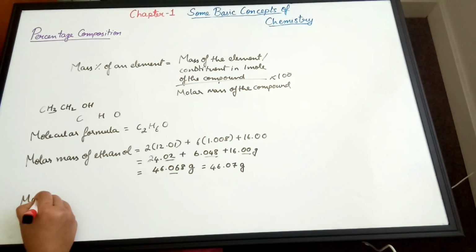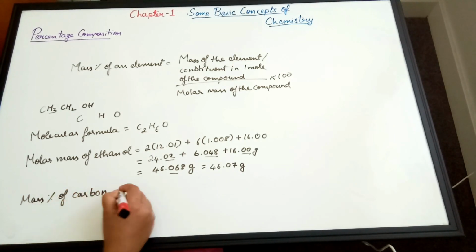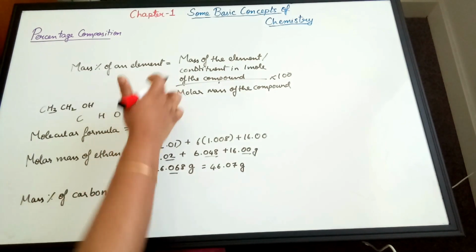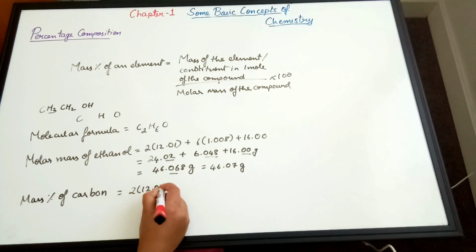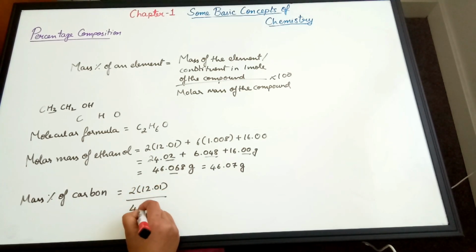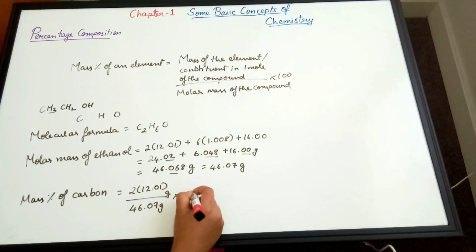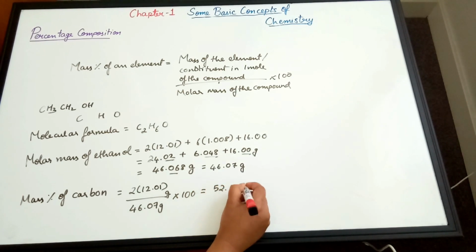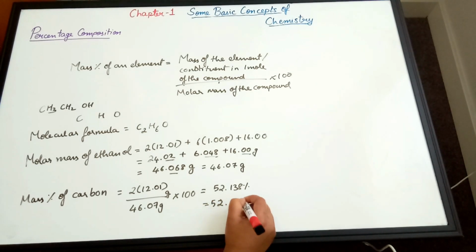So now we have to calculate the mass percent of carbon. So mass percent of carbon would be equal to what? The mass of the element or the constituent in 1 mole, which is nothing but 2 atoms, right? So 2 into 12.01 divided by 46.07 grams into 100, and this gives us 52.138%, but we will be rounding it off to 2 digits to give us 52.14%.